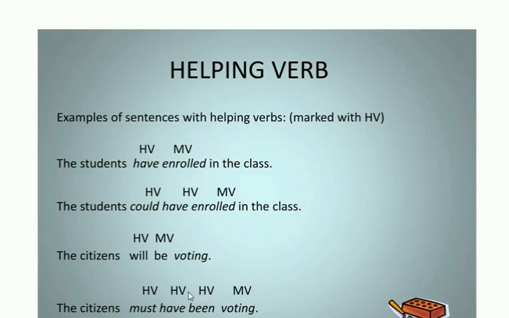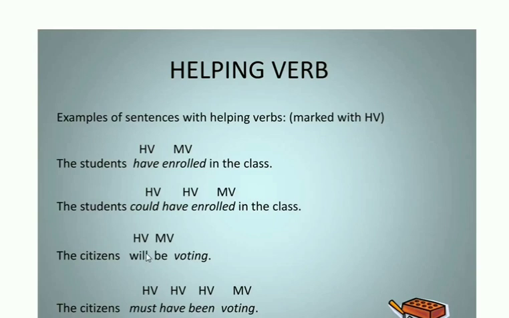Now examples of sentences with helping verbs. HV is helping verb. MV is main verb. The students have enrolled in the class. Have is helping verb and enrolled is main verb. The students could have enrolled in the class. Here we have 2 helping verbs and a main verb. The citizens will be voting.